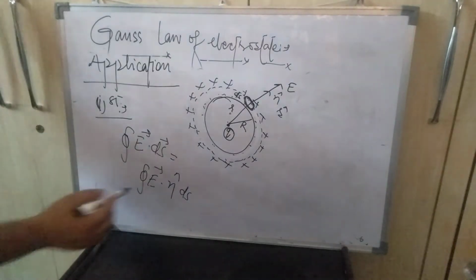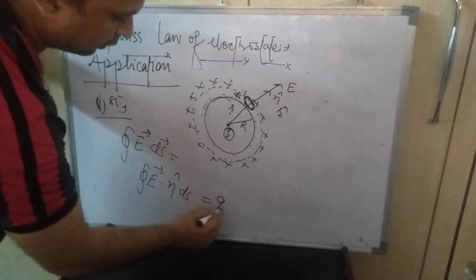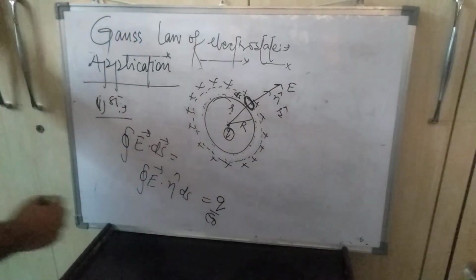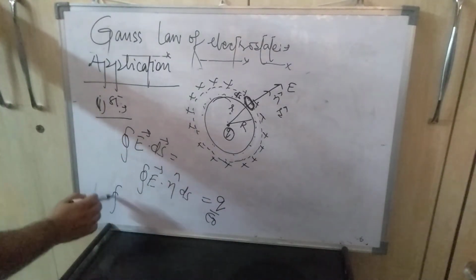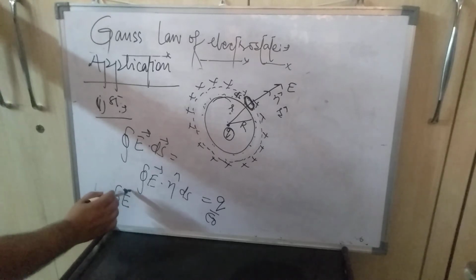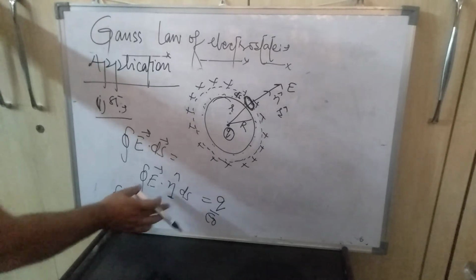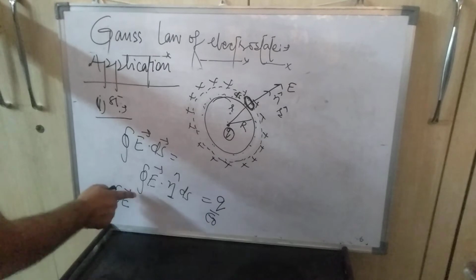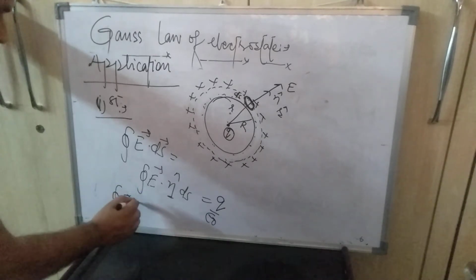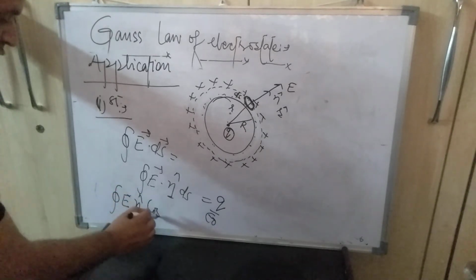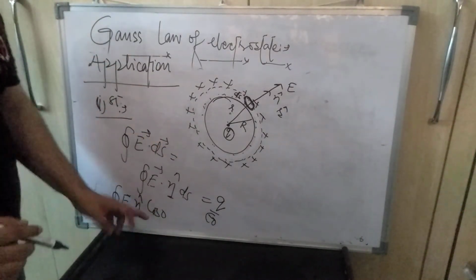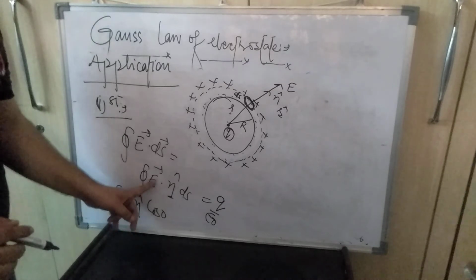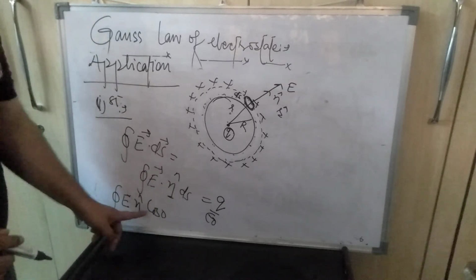Now it is equal to what? Q by epsilon naught, by the Gauss theorem. Hence you can write E, the magnitude of eta, becomes E eta cos 0, because the angle between E and eta is 0, and the dot product of two vector quantities is a b cos theta.